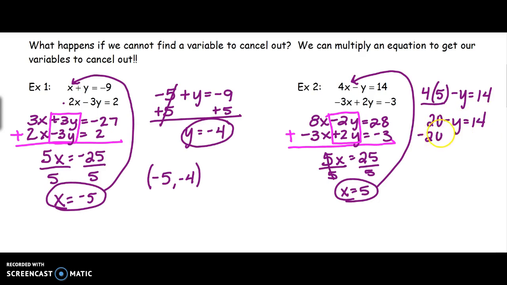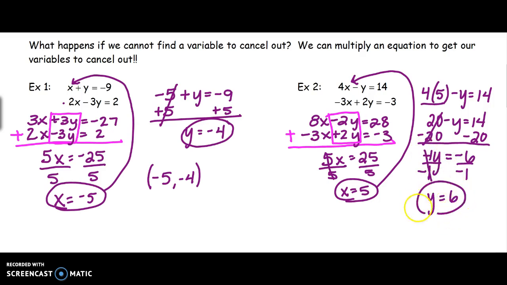When you subtract 20 from 14, you get negative y is equal to negative 6. Again, we can't have that negative 1y, so we have to divide by negative 1, and that means your negatives will cancel, so y is 6. So this answer is 5, 6.